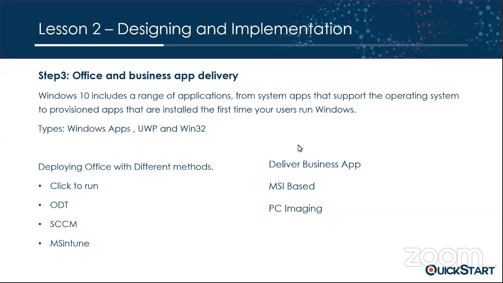So that's how it goes. There are three types of applications: Windows apps, UWP, and Win32. Windows apps come along with Windows. Win32 files are traditional Windows files, which have the System32 configuration and all those applications. And UWP stands for Universal Windows Platform apps.